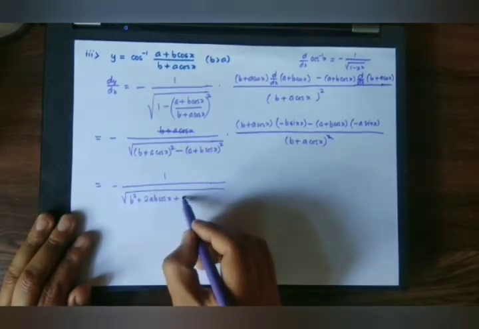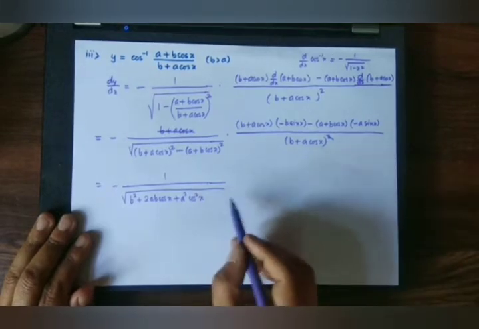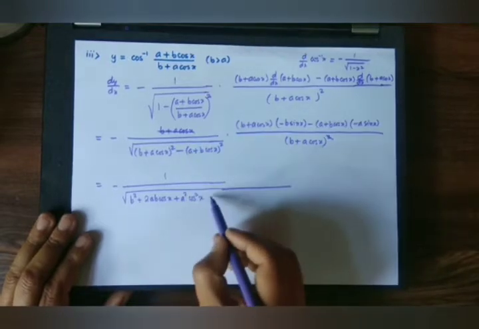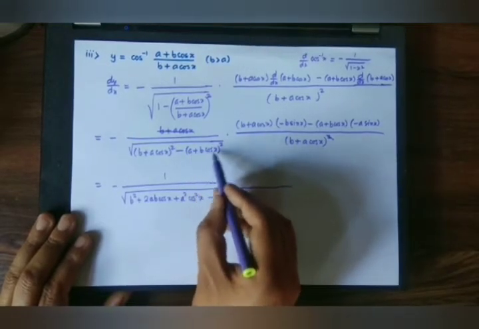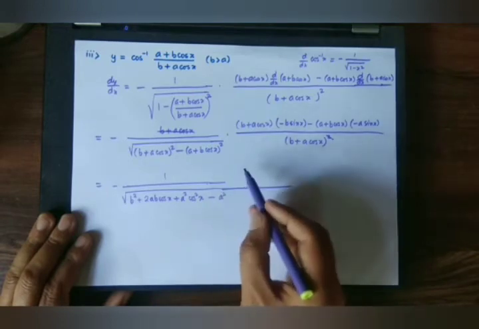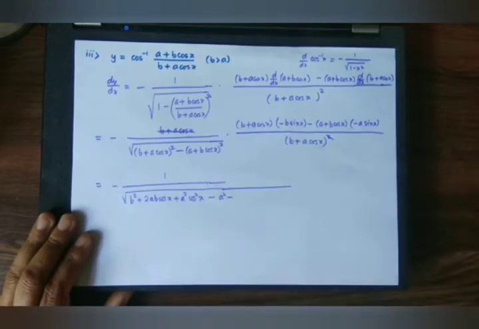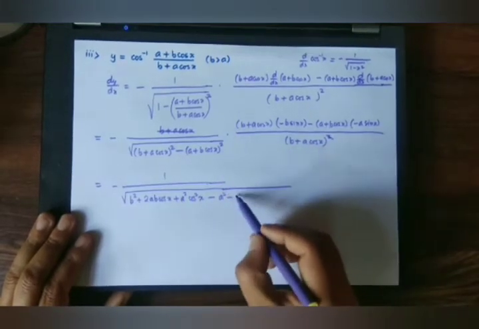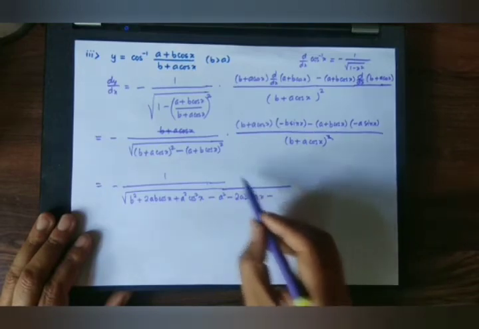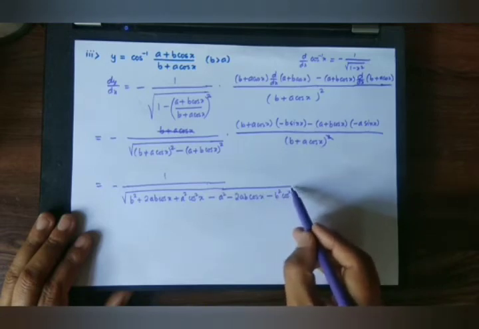B square is a square cos square x. Now let us write the formula for this. This is again (a plus b) whole square, which is a square plus 2ab plus b square, but because of this minus, all the signs will get reversed. So minus, similarly you have 2ab cos x minus b square cos square x.